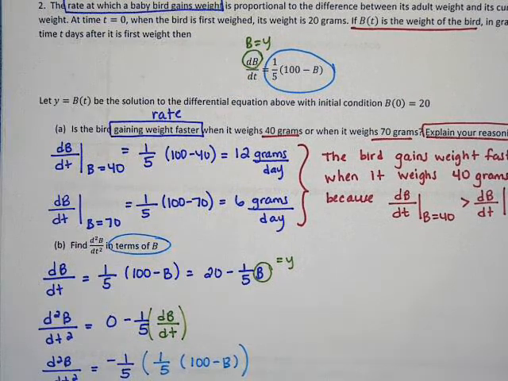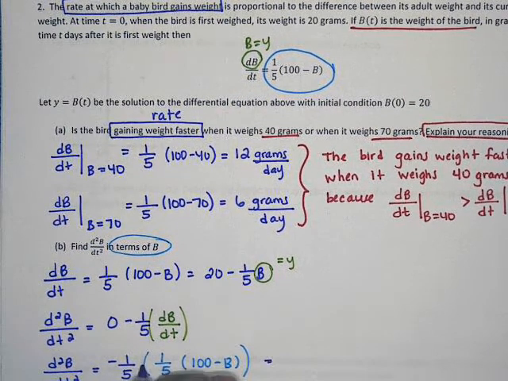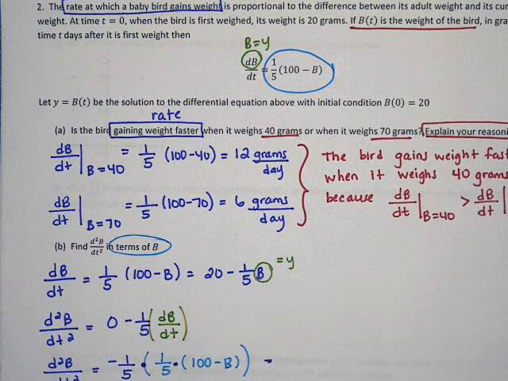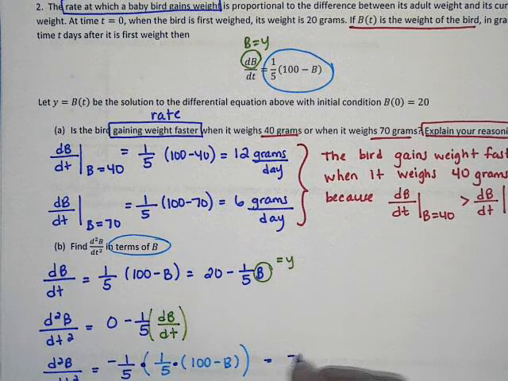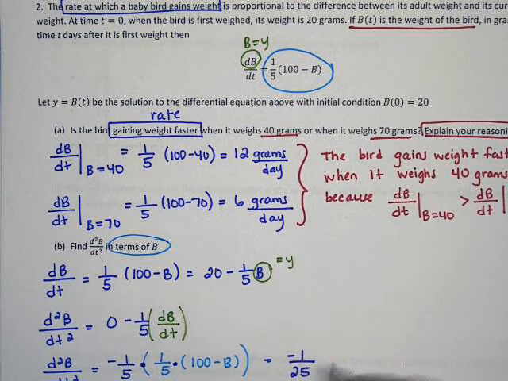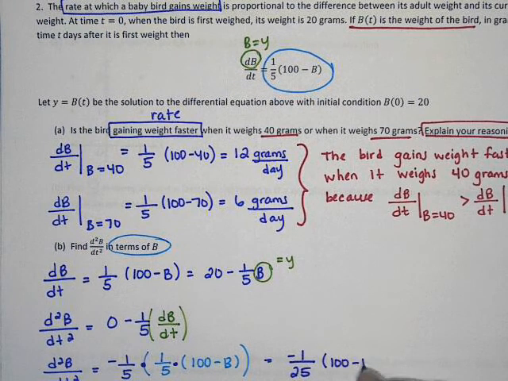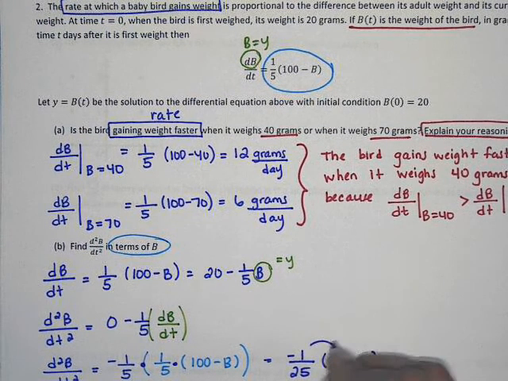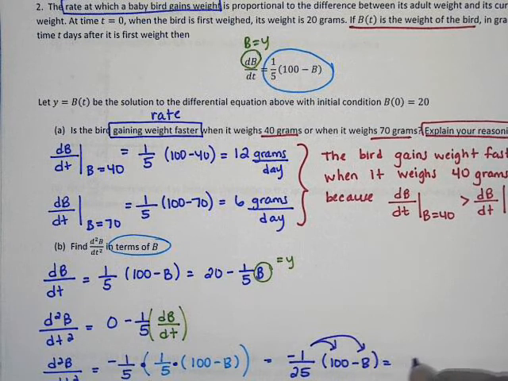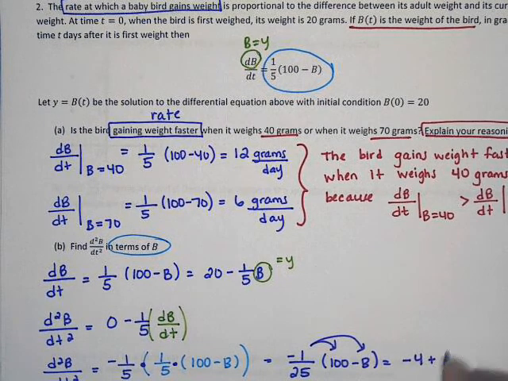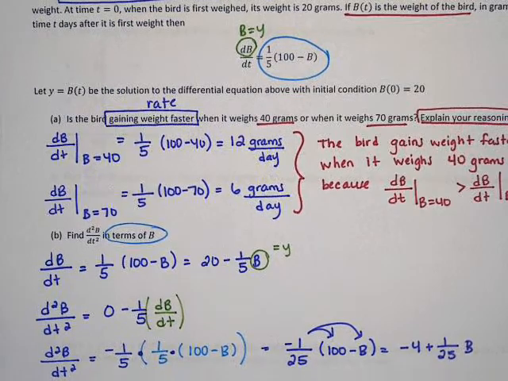Now if I simplify that just a little bit, this is all really one big multiplication problem, so I would have negative 1 over 25 times 100 minus b. You could also distribute that to both of these, and you would have negative 4 plus 1 over 25 b. It doesn't really matter. Either way, you just have to get that second derivative down.